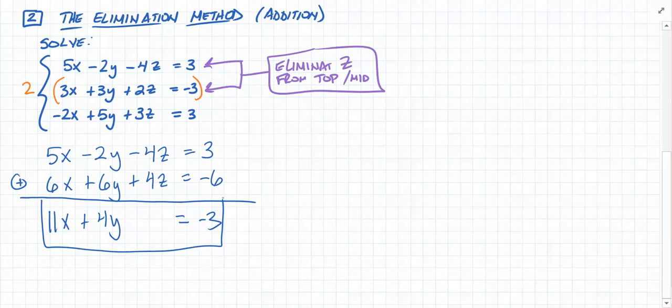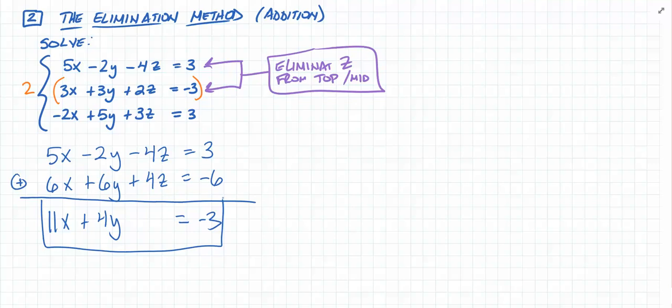So far, so good. We have chosen a variable, and we have eliminated it from 2 of the 3 equations. You guys get that? That's the first idea. The next step, once you've done this, is to eliminate the same variable, and in this case it's z, from 2 other equations. The reason we do this is because we're going to end up with another equation that only has an x and a y in it.